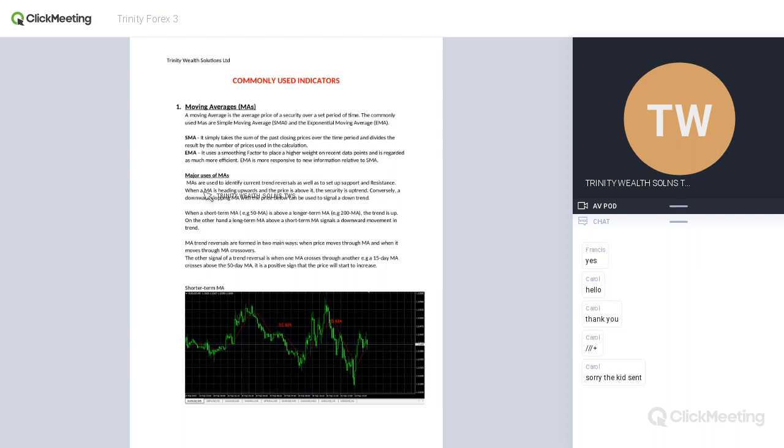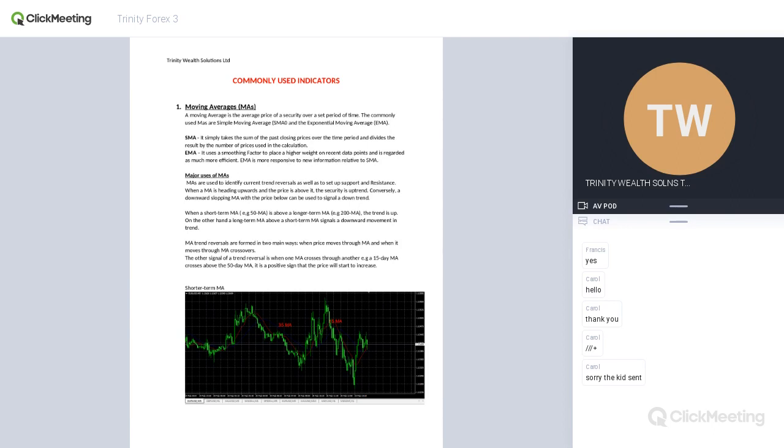Then we have EMA, or exponential moving average. It uses a smoothing factor to place a higher weight on recent data points and is regarded as much more efficient. So EMA is more recognized. Sorry, there's something I cannot see properly.